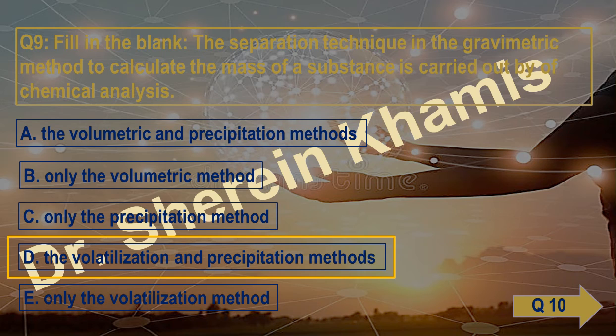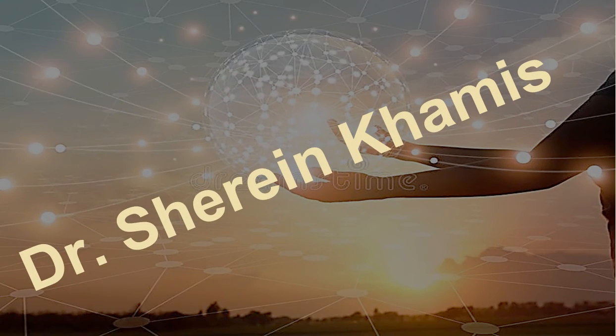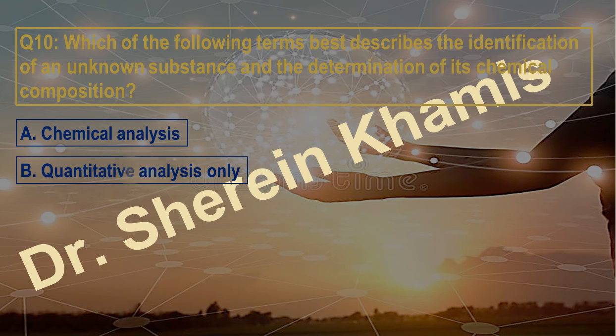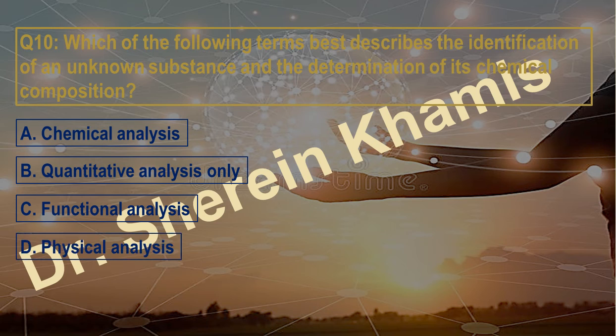The last question of this group. Question number 10. Which of the following terms best describes the identification of an unknown substance and determination of its chemical composition? We want to know which kind of substance. The options are chemical analysis, quantitative analysis only, functional analysis, physical analysis, and qualitative analysis only.